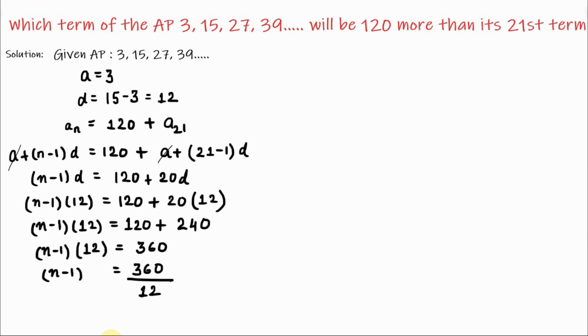Now 12 times 30 is 360. So we get 30 in this case. So our value of n becomes 30 plus 1, which becomes 31. So the 31st term of the given AP is 120 more than its 21st term. This is the final answer for us.